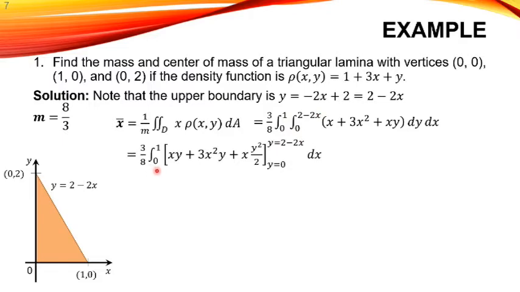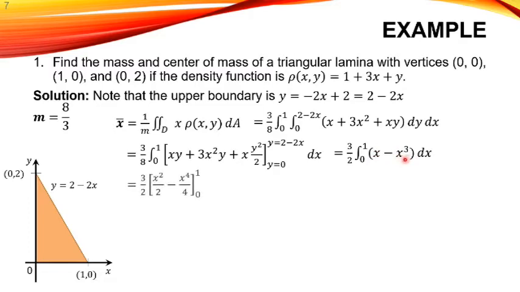Then performing the inner integral, we have xy plus 3x squared y plus x y squared over 2. Y is from 0 to 2 minus 2x. Okay, then substituting and simplifying, we have 3 halves and x minus x cubed.